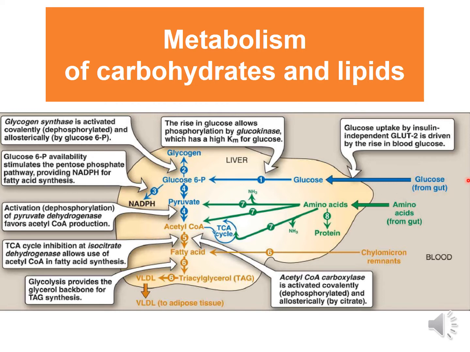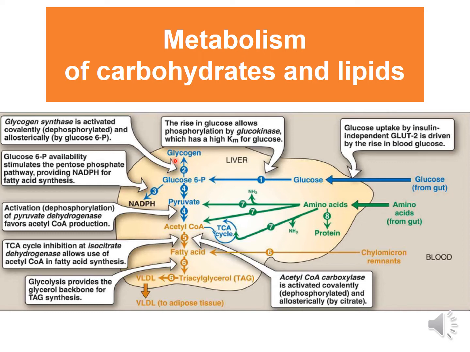Glucose uptake by insulin-dependent GLUT2 receptors is driven by the rise in blood glucose. The rise in glucose allows phosphorylation by glucokinase, which has a high Michaelis constant for glucose.